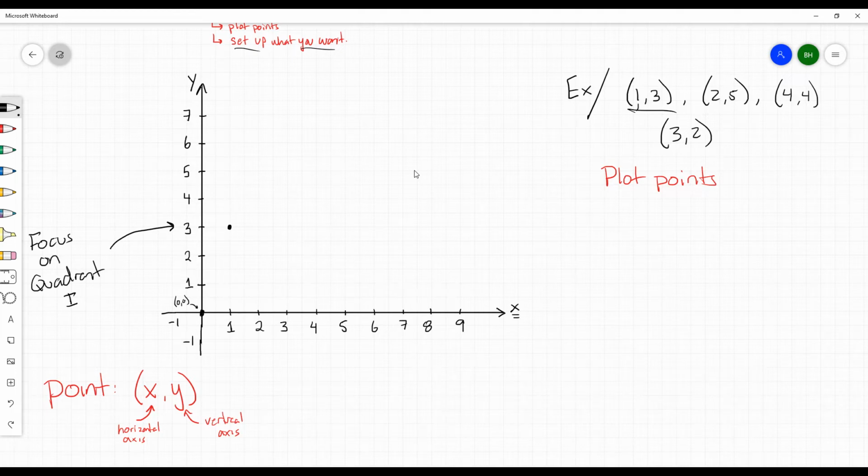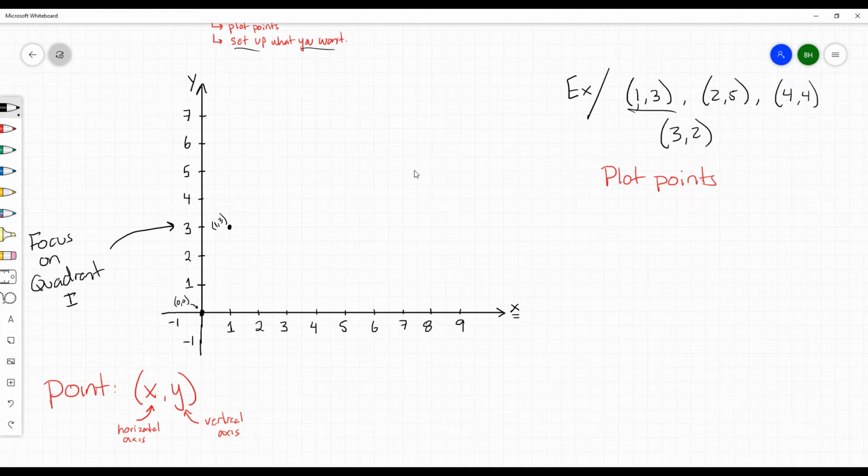Now, what I like to do and what some teachers like to enforce is if you're learning how to do this for the first time, or maybe you don't feel comfortable doing it, label what point you're using there. That way you remember what point you're dealing with, and if anybody's trying to refer to your work, they understand what point that you think that is.